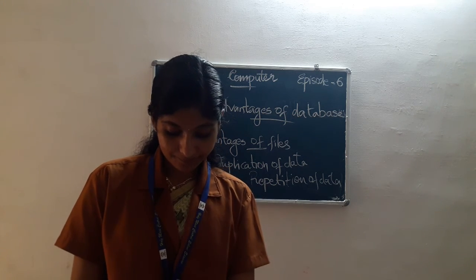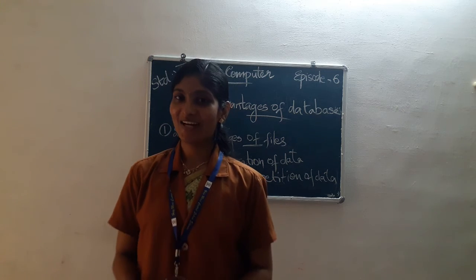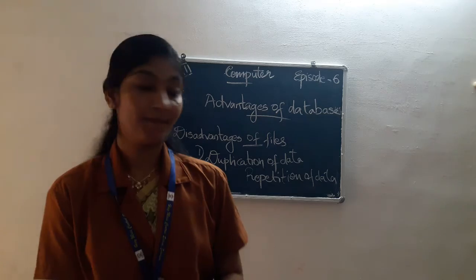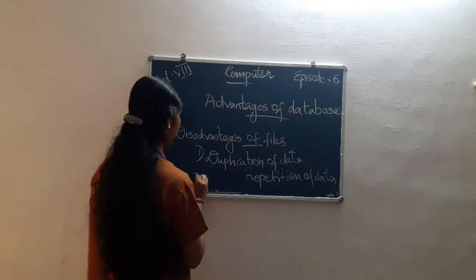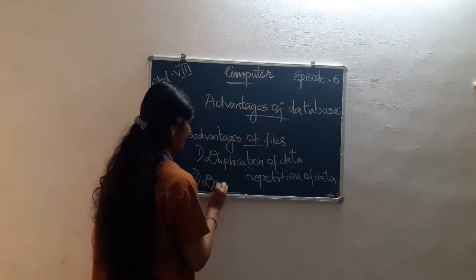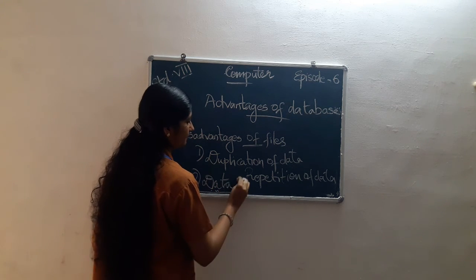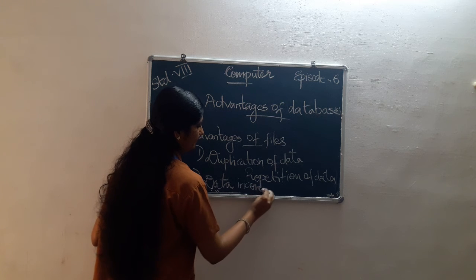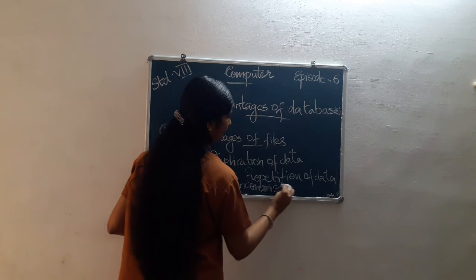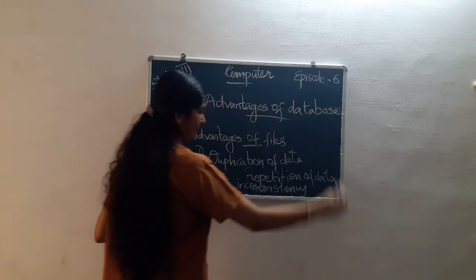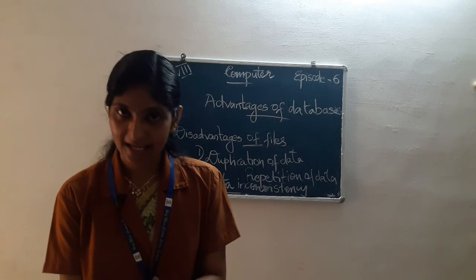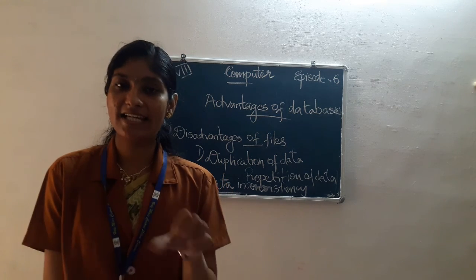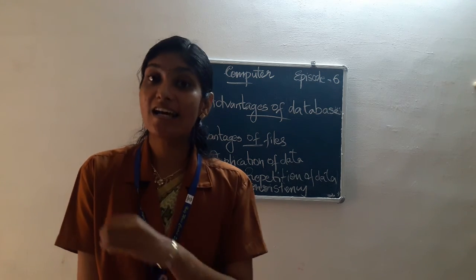Second one is data inconsistency. Data inconsistency means the same data exists in different formats.